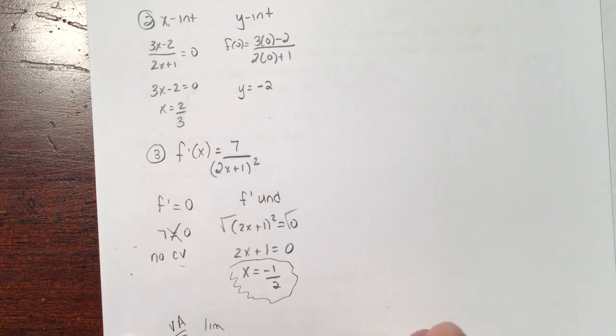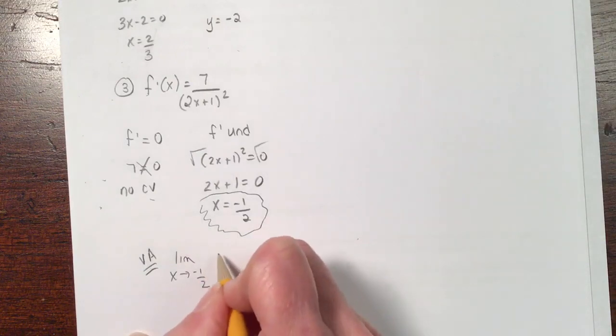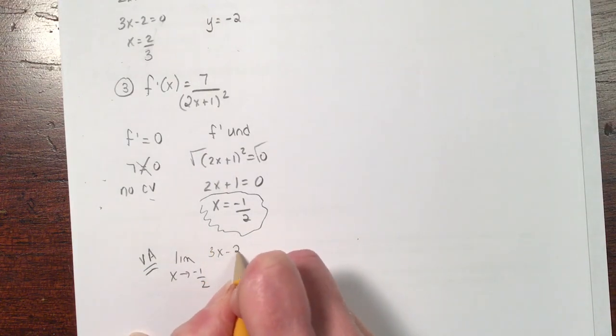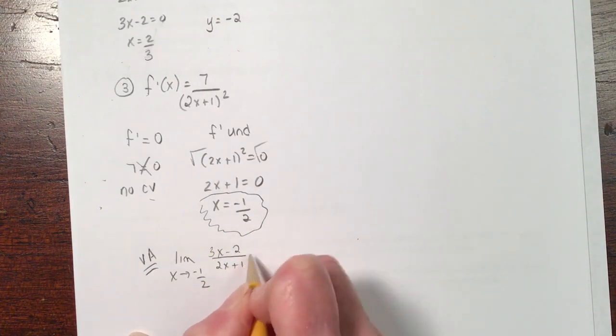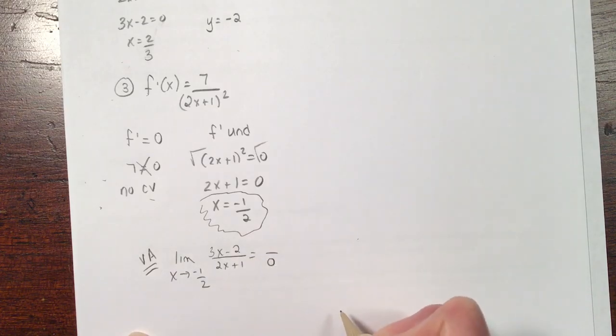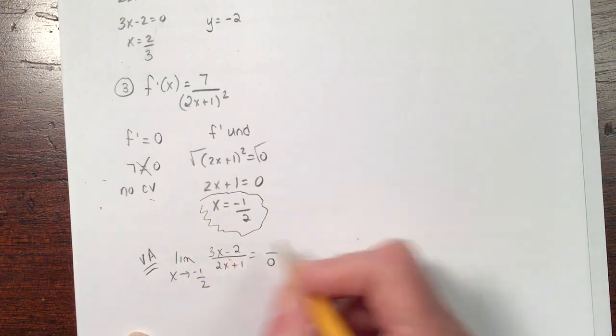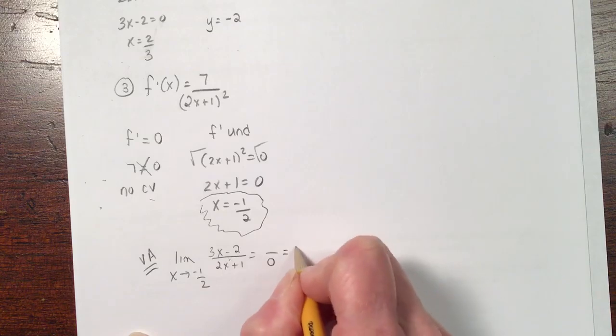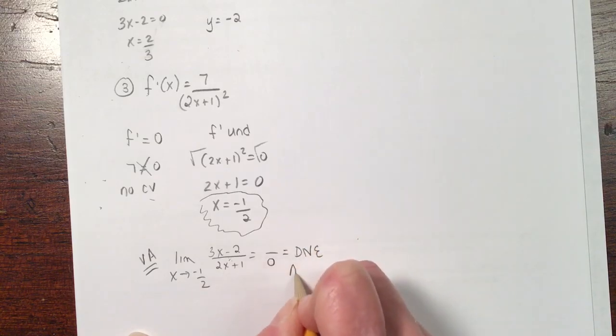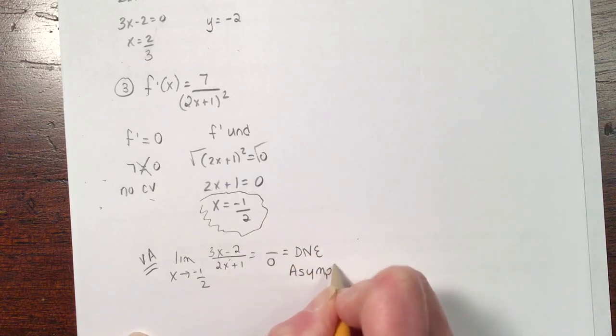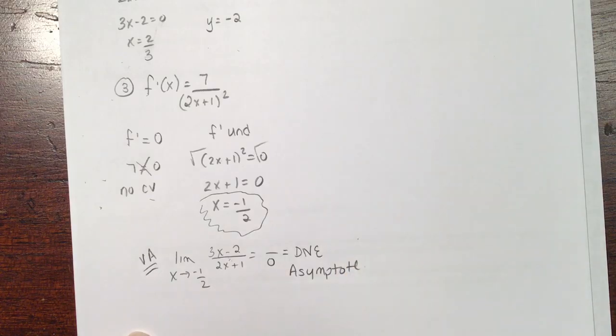If you want to see if this is a vertical asymptote, evaluate this limit, and you get a 0 in the denominator. Since we can't factor this and try again, we realize the limit does not exist, which makes this an asymptote. That's going to be helpful when we're graphing our function.